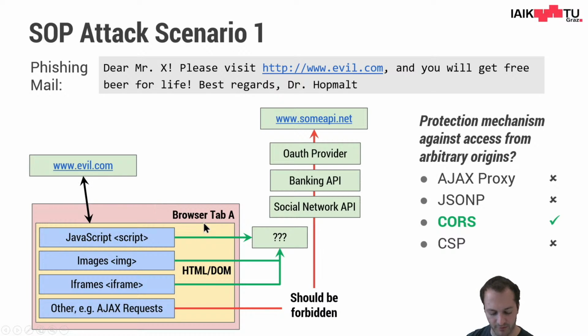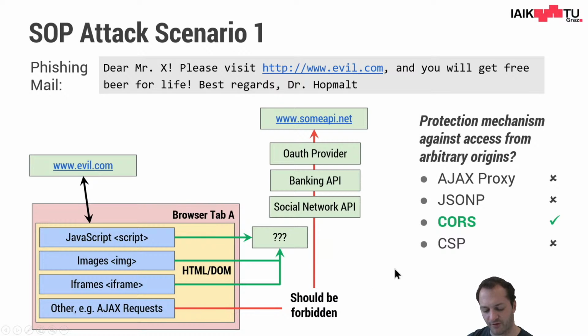This is evil.com, and it will try to make a request to some API.net. So probably you're logged in there. This is Facebook.com or some banking API. Usually you're logged into Facebook or Instagram for a long time, also Google. So if this evil.com would be able to make an AJAX request to that website, you could exfiltrate your data.